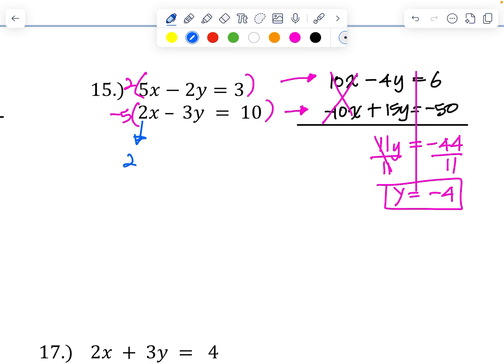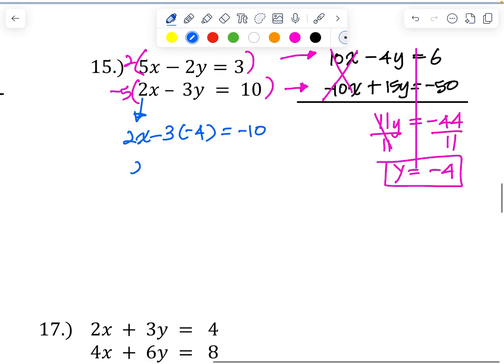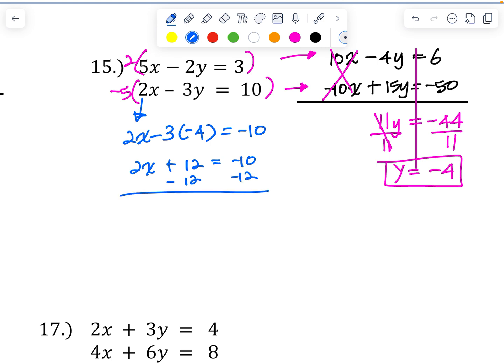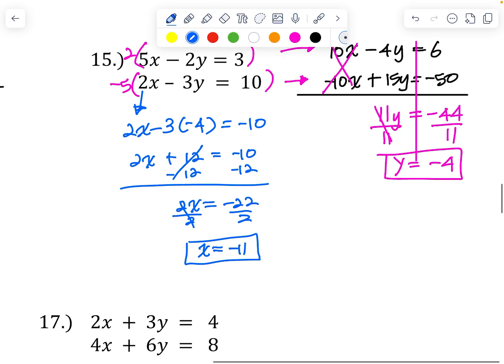So 2x minus 3 times y, which is negative 4, equals negative 10. That's 2x plus 12 equals negative 10. Subtract 12 on both sides. I have 2x equals negative 22. Divided by 2 on both sides, I get x equals negative 11. So my answers are negative 11 and negative 4.